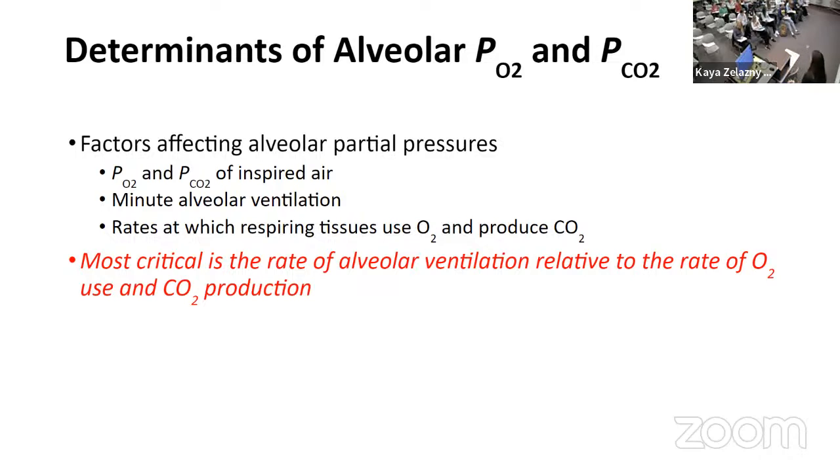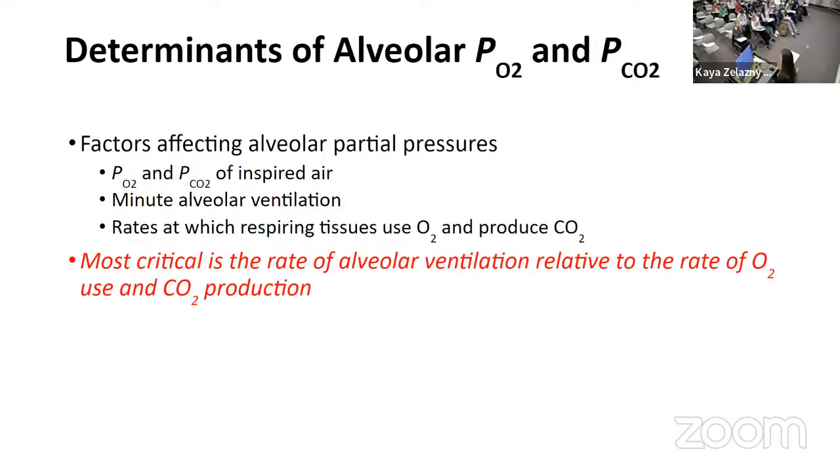But you could be in a situation where for some reason you're in a room that has almost no oxygen, or you're on a ventilator, someone's giving you supplemental oxygen, right? These values can change. And if you change the values of the partial pressure of oxygen or carbon dioxide in the air you're breathing in, that would also change these partial pressures in the alveoli, okay?